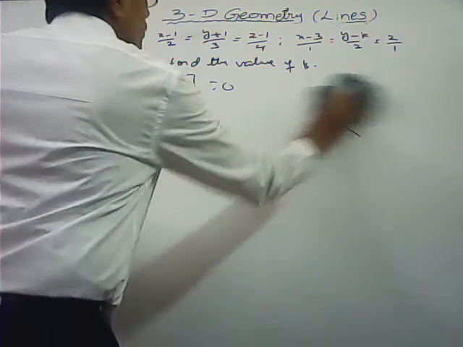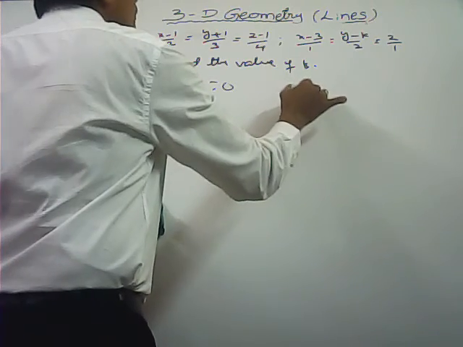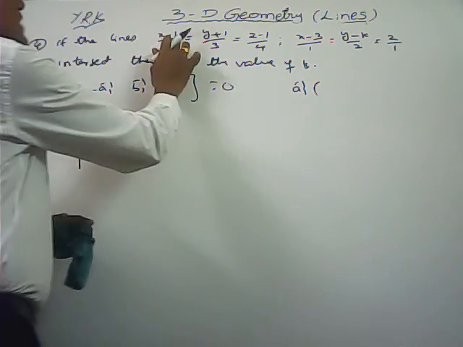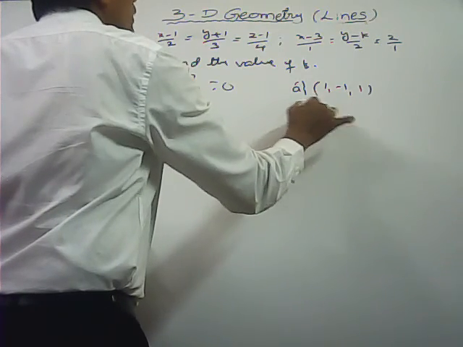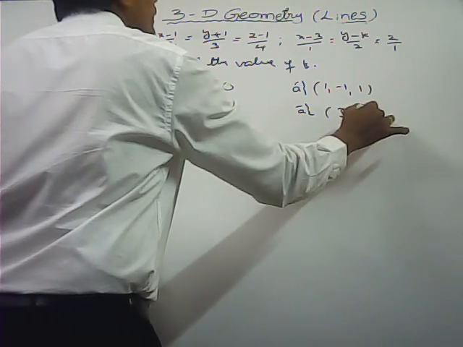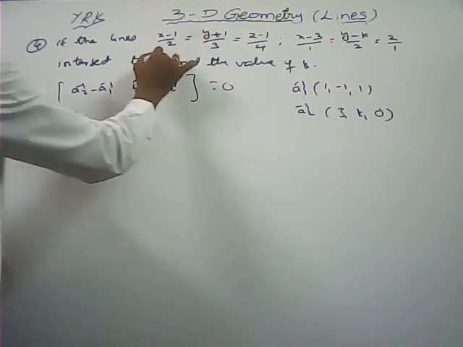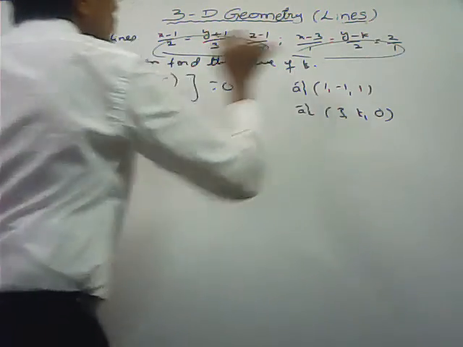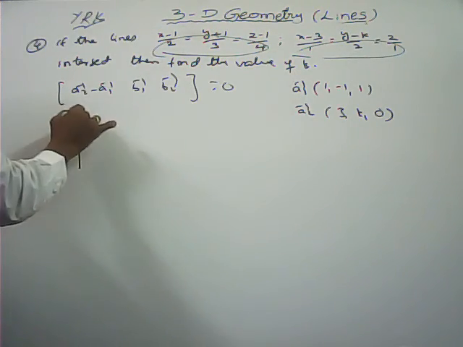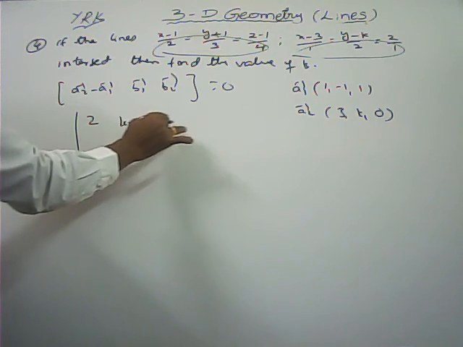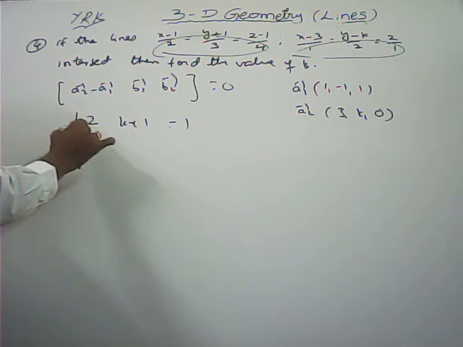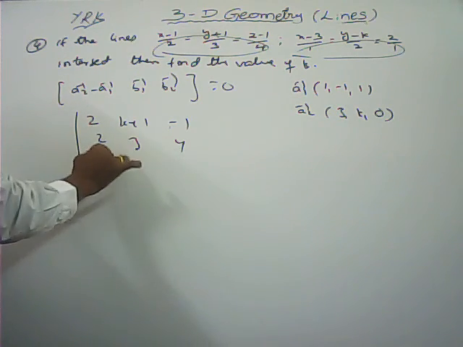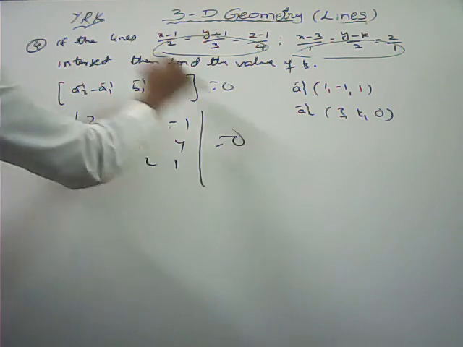What is a1 bar here? Passes through the point 1, minus 1, 1. A2 bar 3, k, 0. And this is the b1 bar, this is the b2 bar. So x2 minus x1 is 3 minus 1, 2, k plus 1, 0 minus 1, that is minus 1. b1 bar 2, 3, 4, b2 bar 1, 2, 1 equated to 0.